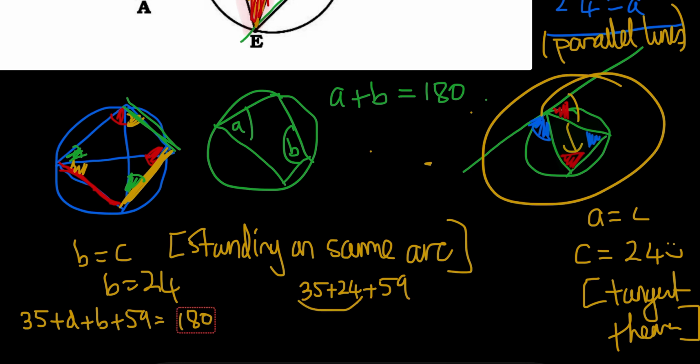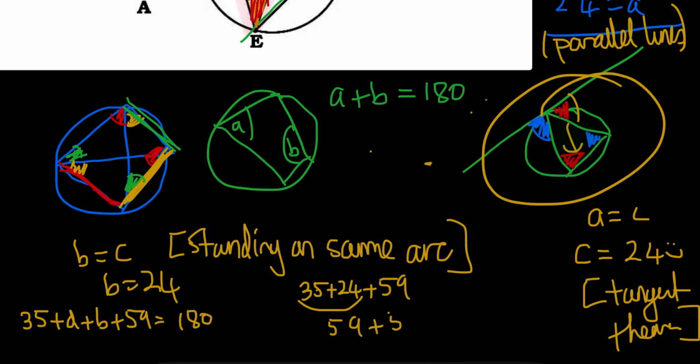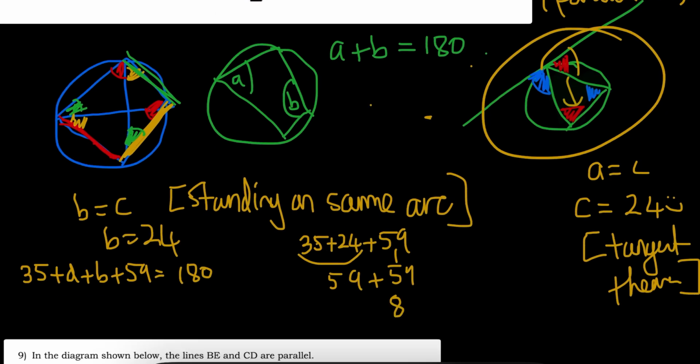35 and 24: 4 and 5 is 9, 2 and 3 is 5. Now we have 59 plus 59: 9 and 9 is 18, carry 1, 5 and 5 is 10, plus 1 is 11. So we have D plus 118 equals 180.